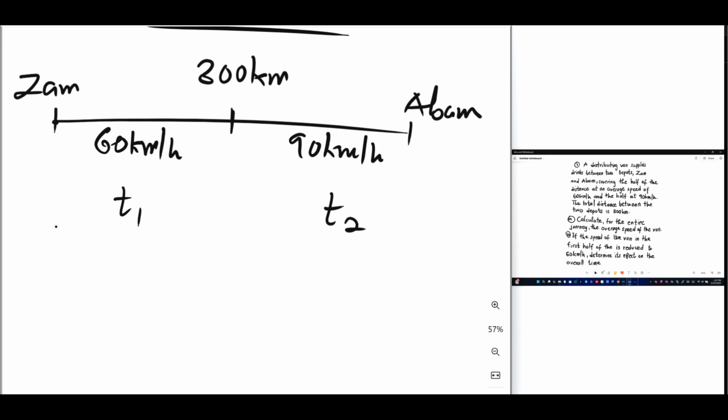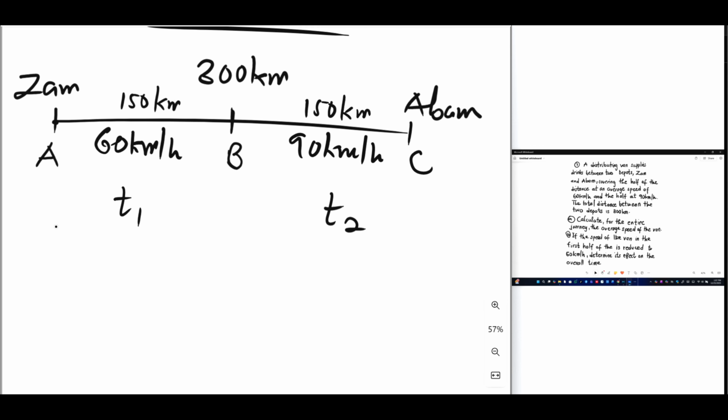Let Zam be A, then half of it I have placed B over here, then here to be C. So from A to B, the distance will be 150 kilometers, and the other part will be 150 kilometers, since the total distance is 300 kilometers.